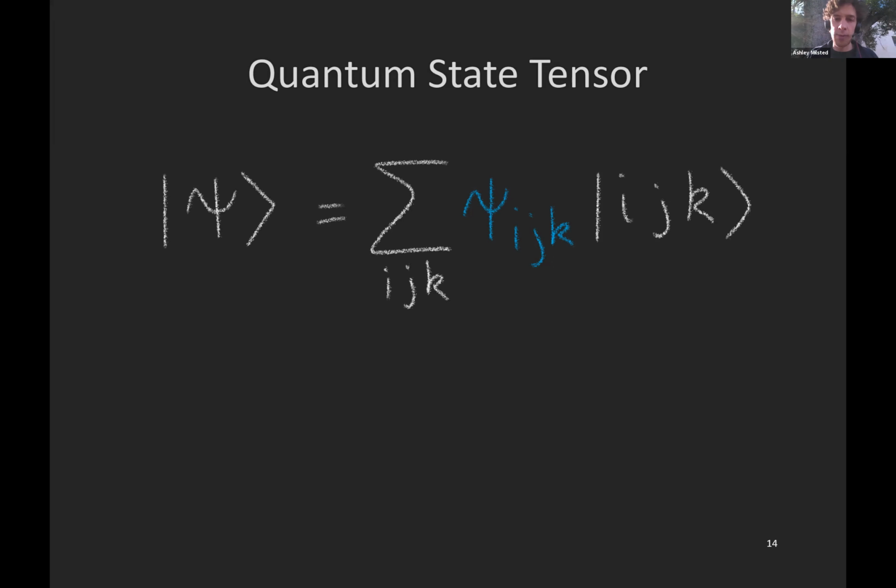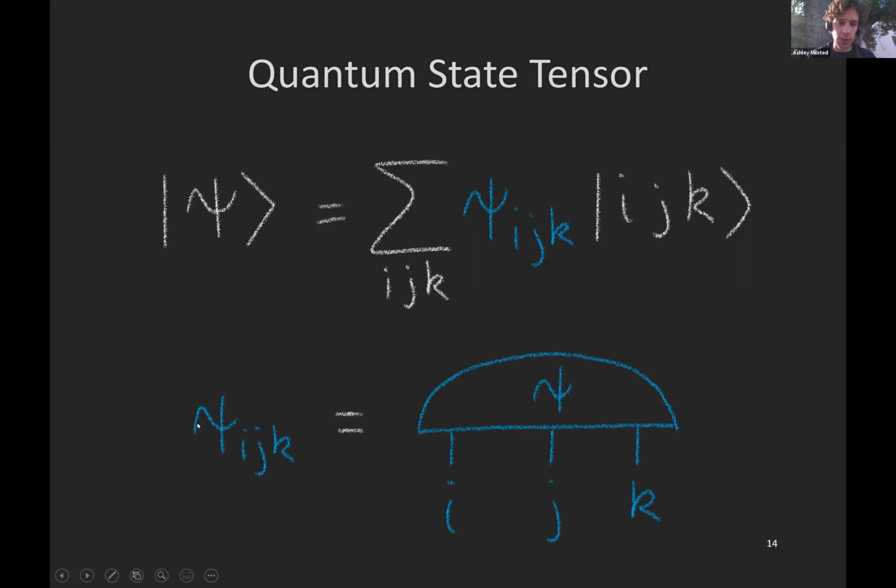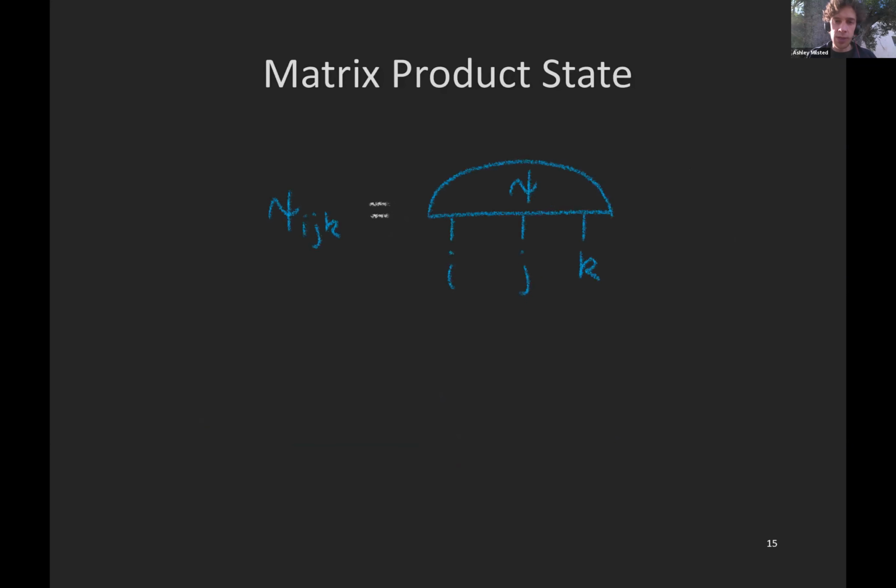And there's a diagrammatic notation for tensors. And this is the notation. So we have psi ijk equal to this blob here, where we've just added a leg to the blob for each index, and we can label them ijk like this. So this is the diagrammatic notation that we'll be using. Now, a matrix product state is a way of decomposing this blob into multiple blobs, one for each body in the system, one for each qubit or lattice site.